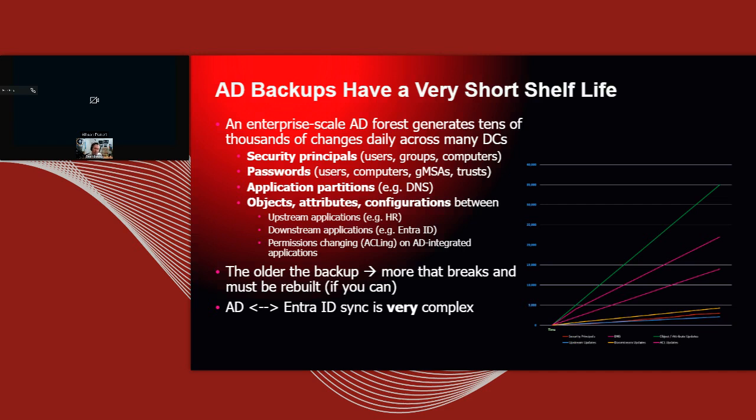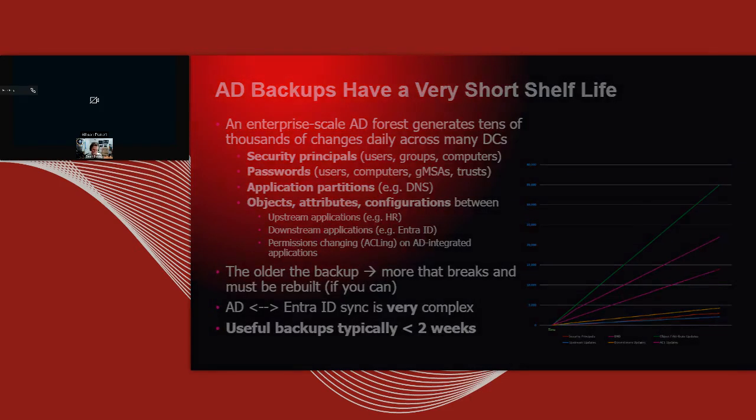And if you suddenly bring back Active Directory without really thinking about the implications for Entra ID, you can really run into a lot of trouble. It's very complicated. What that boils down to basically is that you really want to be able to use backups we say about 2 weeks or newer of age.